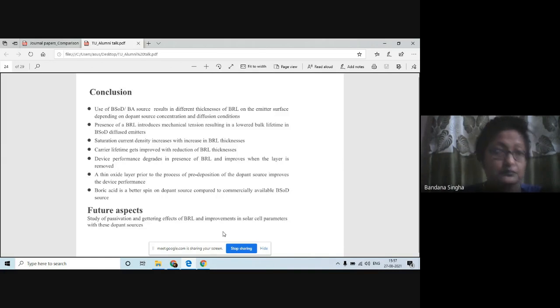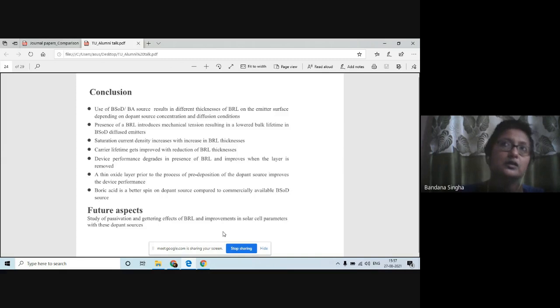We also saw that a thin oxide layer, between 5 nanometer and 10 nanometer, improves the device performance. And among all these dopant sources, boric acid gave us the best result. It was also the cheapest of all the dopant sources that we used in our processes.